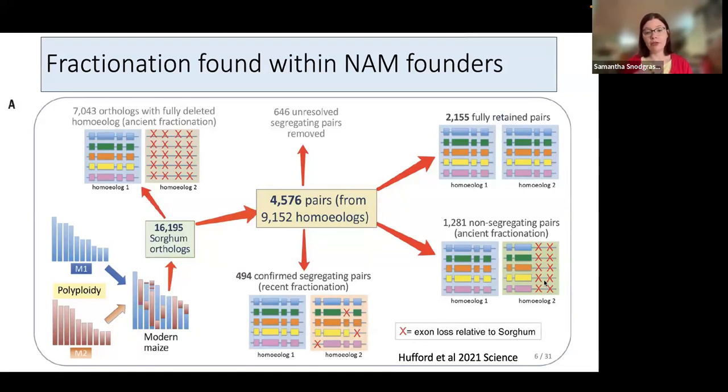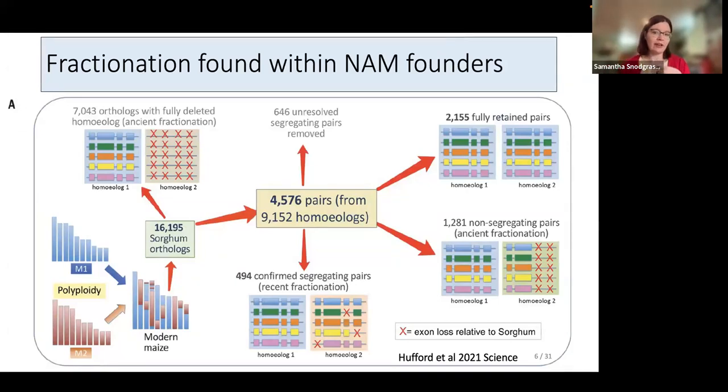But that other half, where you still could find pairs of those homologs, about 4,500 of them, you, for the most part, either see full retainment or non-segregating fractionation, such that that's the partial fractionation, where one of the homologs is retained and the other homolog has some of those exons, but others have been lost, and that pattern of loss is the same across all of these genomes.